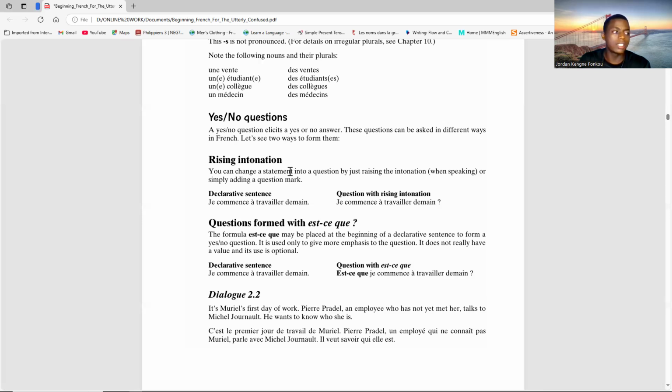You can change the statement into a question by just raising the intonation when speaking, or simply adding a question mark when writing. However, for beginners, I would advise you strongly not to use the rising intonation, for you might not be understood due to the lack of proper pronunciation.